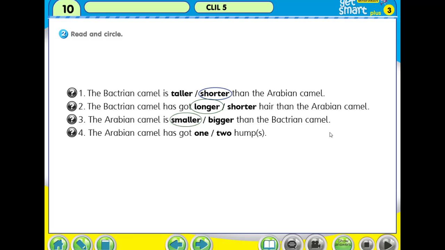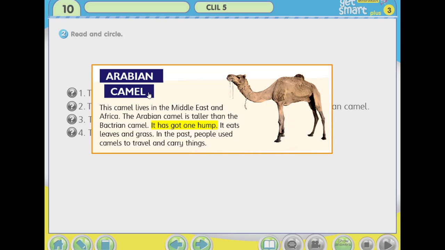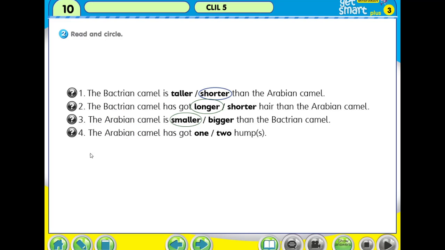Smaller than the Bactrian camel. Now, the last one. The Arabian camel has got 1 or 2 humps. I think this is easy. According to the passage, it has got 1 hump only. So the answer for number 4, the Arabian camel has got 1 hump.